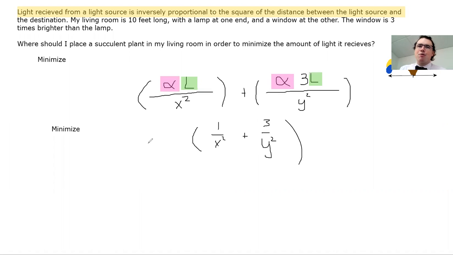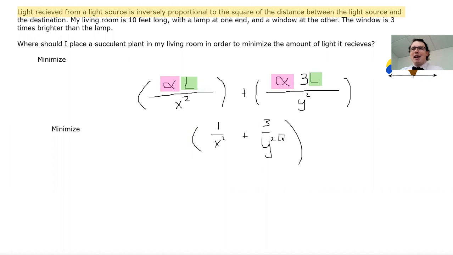And the justification for that is that whatever I do to minimize here, the only thing I can control anyway is the distance between the plant and the lamp, the distance between the plant and the wall. I don't get to control physics. I don't get to control the brightness of these 2 different objects. So all of my minimizing will have to be taking place inside these parentheses here.